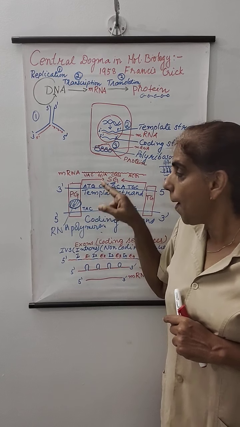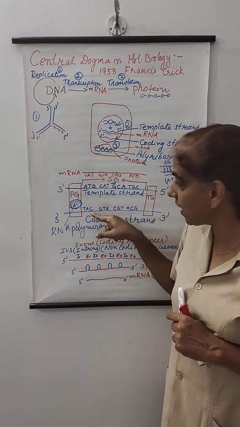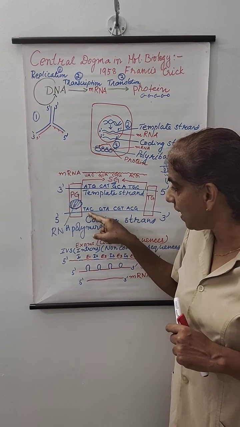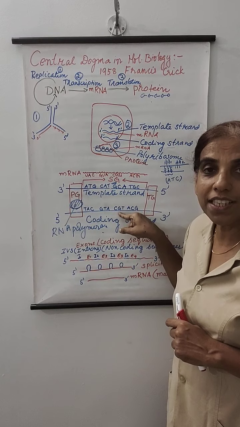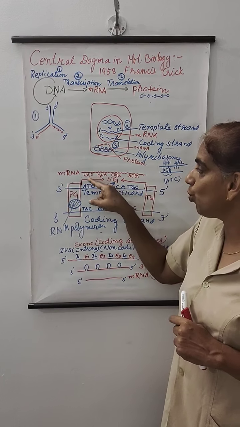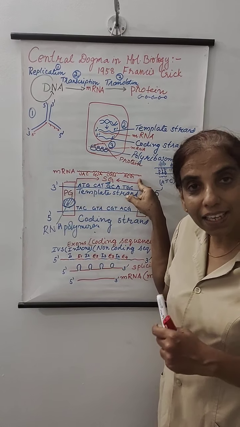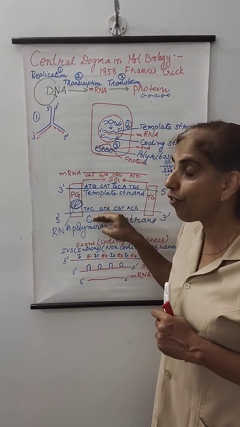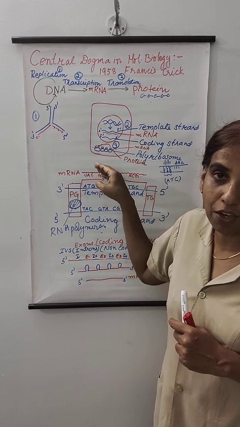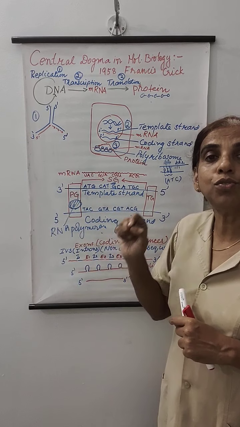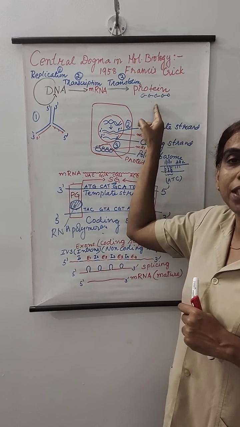DNA strands. But here what happens if both are making messenger RNA? This particular coding strand will go with one messenger RNA and this will be going with the second messenger RNA. So what will happen? Two sets of amino acid chains will form. That can give confusion to the final protein synthesis.